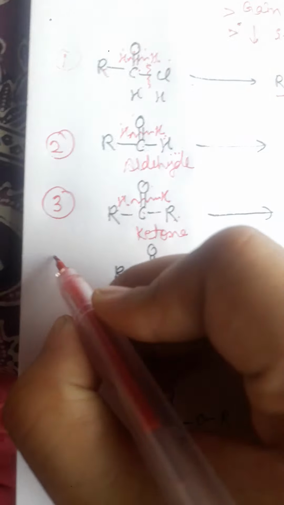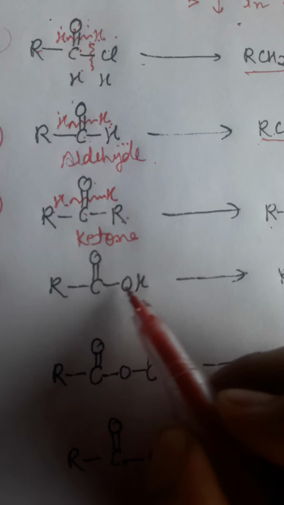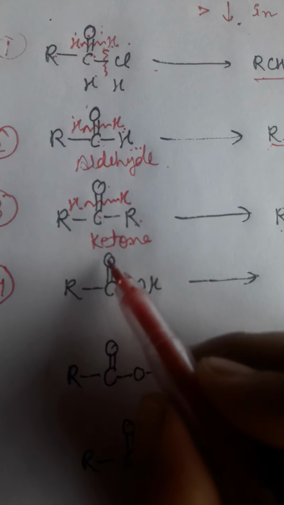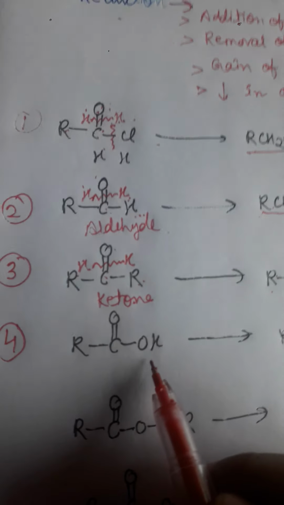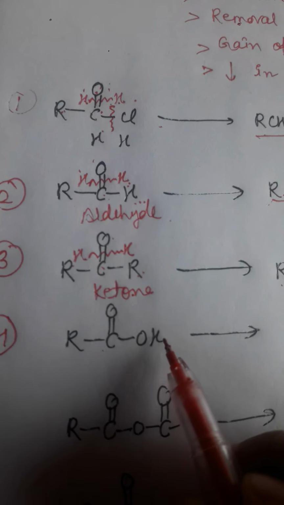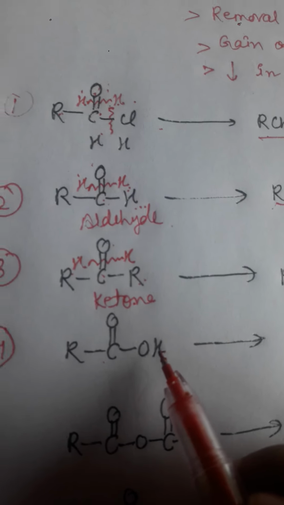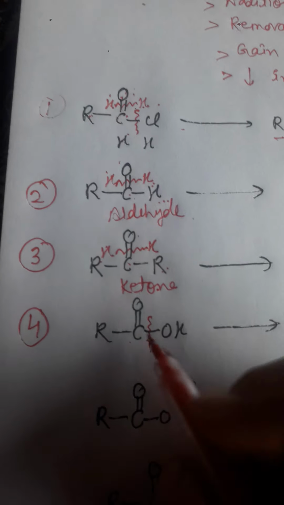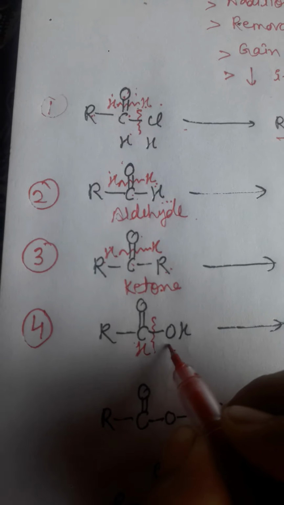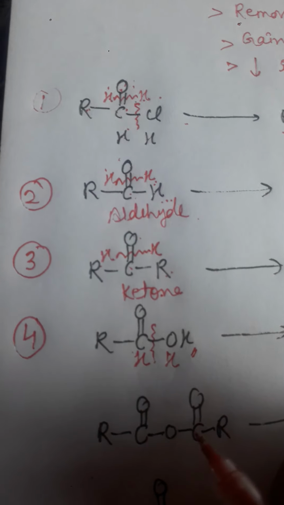Now come to the fourth one. The fourth point is our carboxylic acid, RCOOH. Now what will happen? How will we divide this carboxylic acid molecule? We just have to add the hydrogen, one side hydrogen, one side hydrogen. So now the water molecule will be eliminated, right?